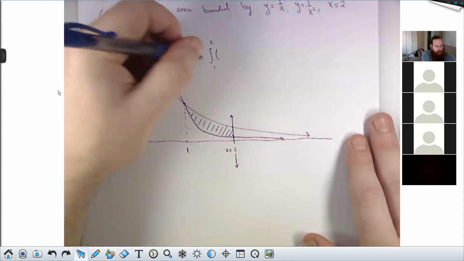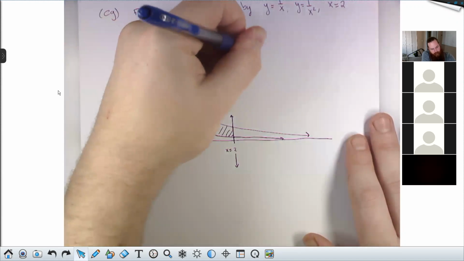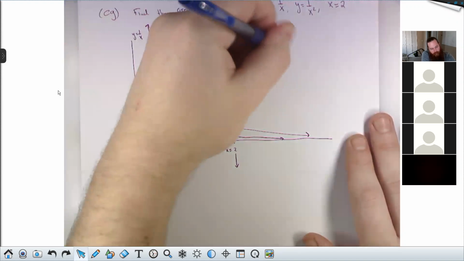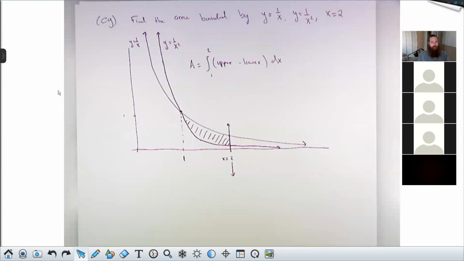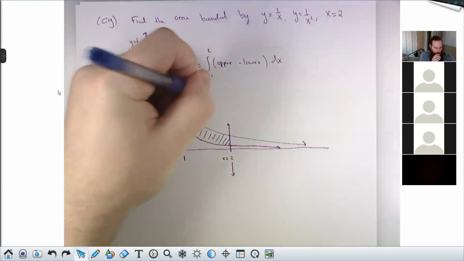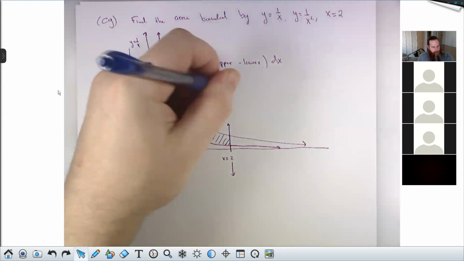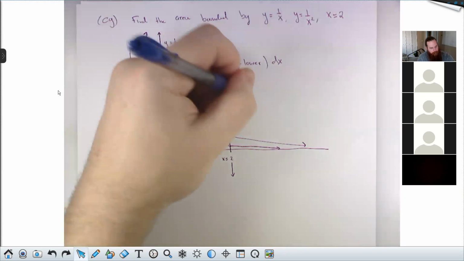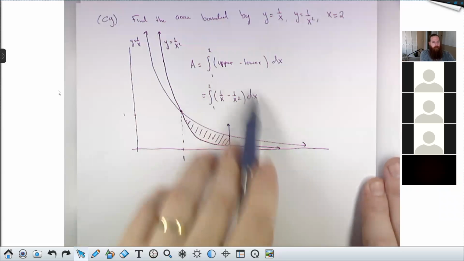So my area is, kind of think of it in terms of this mnemonic. My upper function there is 1 over x, and my lower function there is 1 over x squared. So then I turn to you guys and I ask, okay, how do I evaluate this integral?